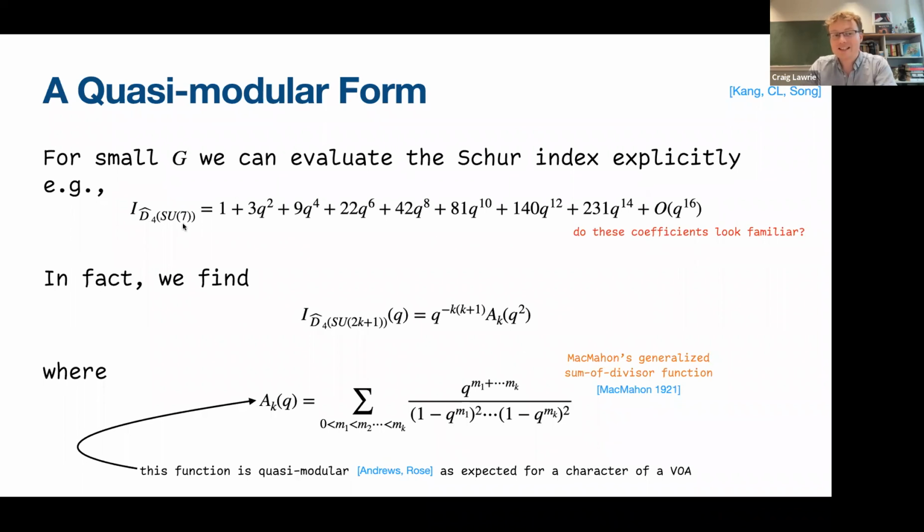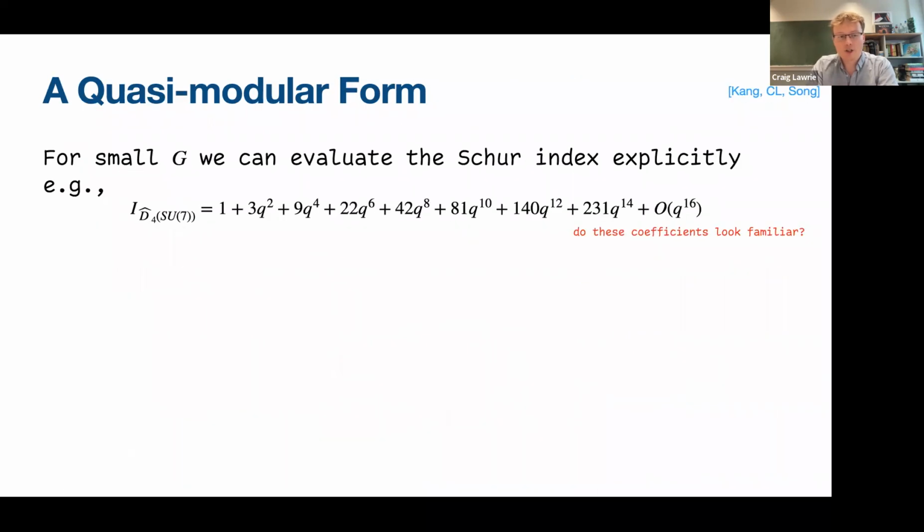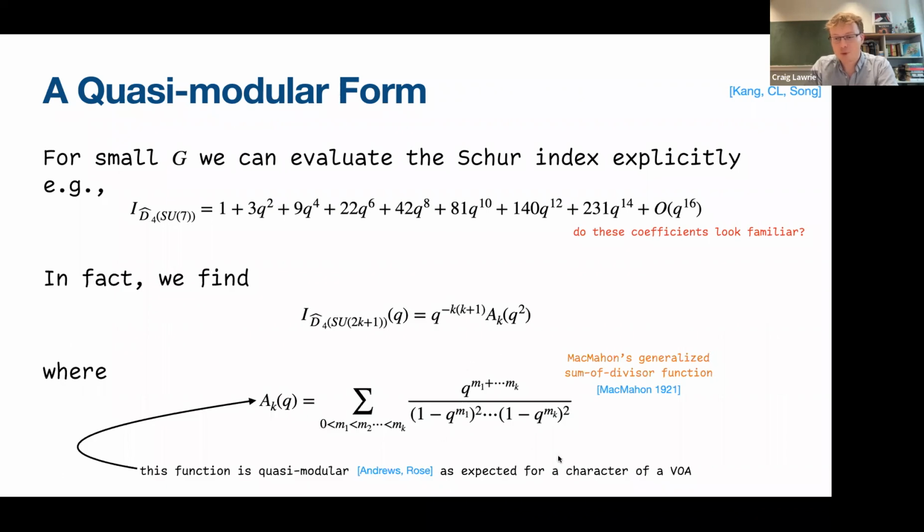And by the way, since the D4 hat theory has basically the same index as n equals 4 super Young Mills with some rescaling, now you have to require that it's SU odd, because I'm considering SU odd here. Then the index of n equals 4 super Young Mills also has this interesting structure of being proportional to the MacMahon sum-of-divisor function. Craig, yes?